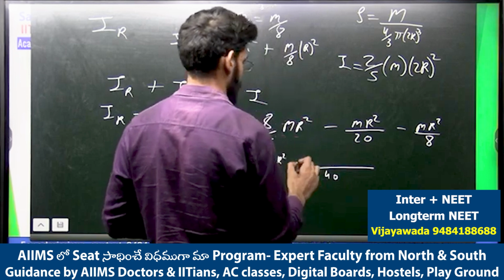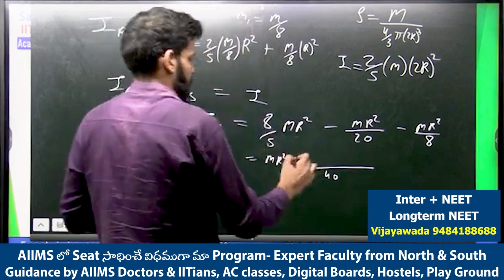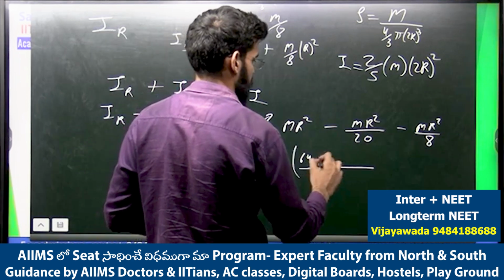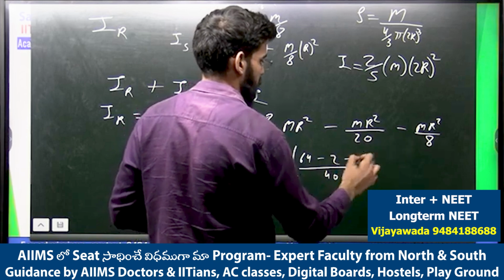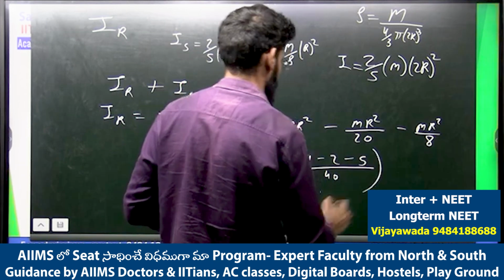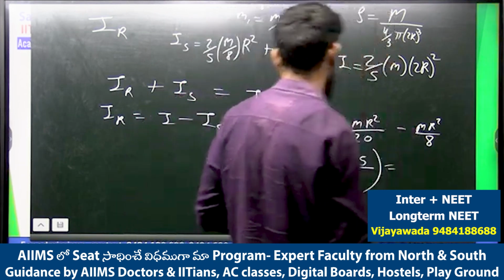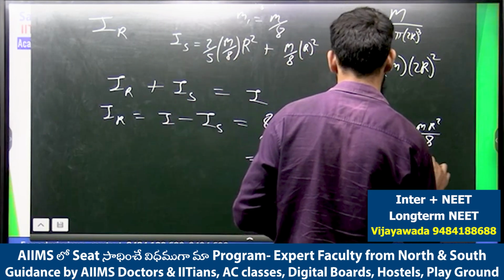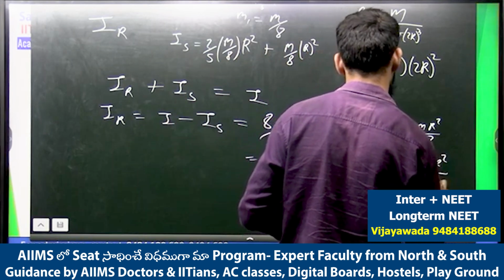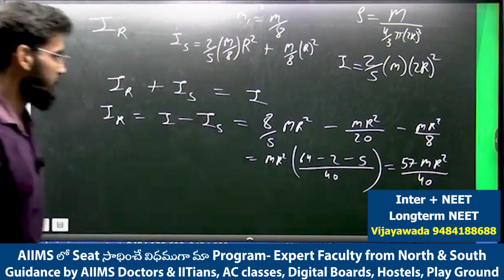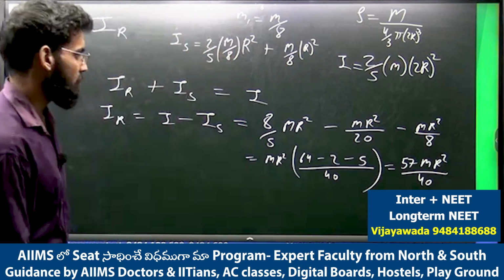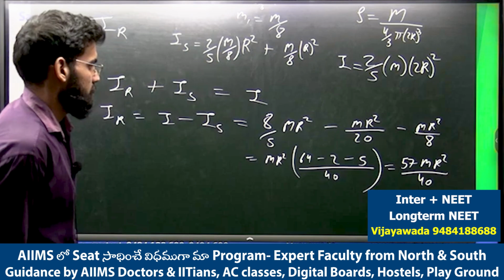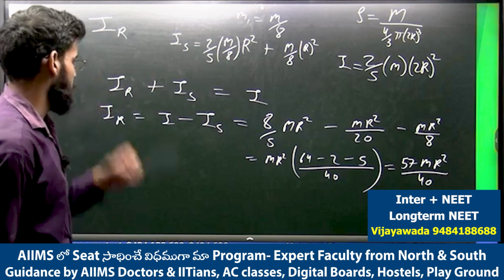So you can write here 64 minus 2, and this is 5, 7. 64 minus 7, how much? 57. 57 mr square by 40. Okay, I think correct. So this is IR.